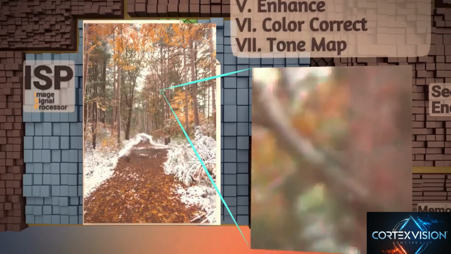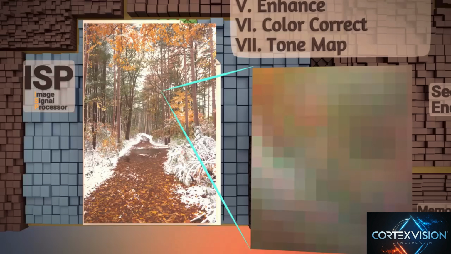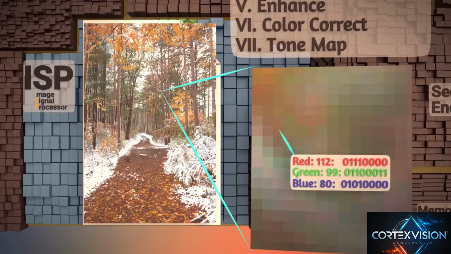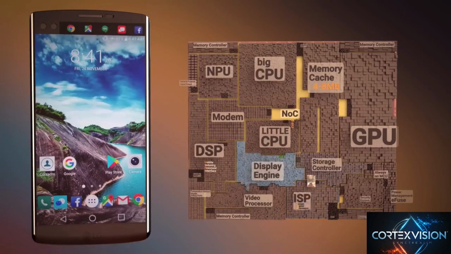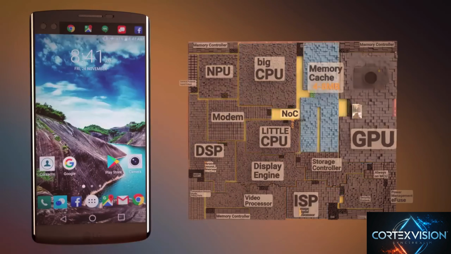After all this, we have a picture with 12 million pixels, each with an 8-bit red, green, and blue value. To get the picture to promptly appear on your screen, another series of steps are involved. The RGB image data is taken from the image signal processor, sent to the GPU where it gets overlaid into the graphics of the camera app, and scaled to fit the screen.